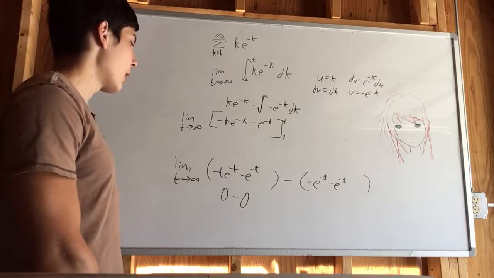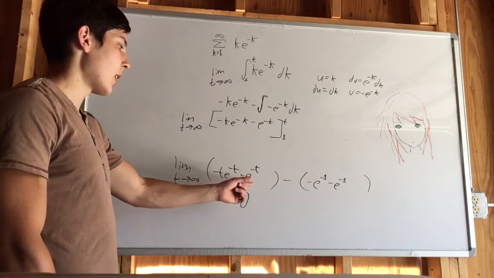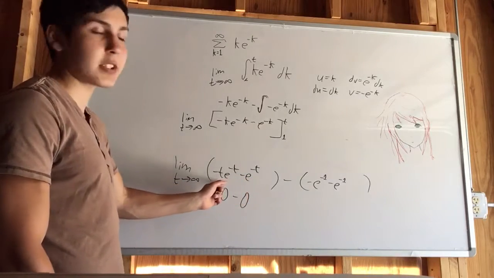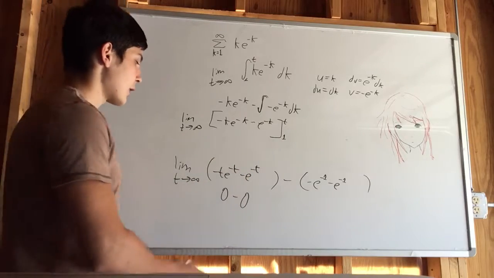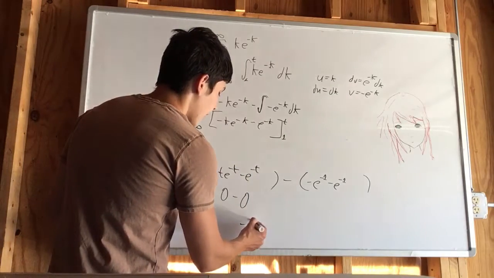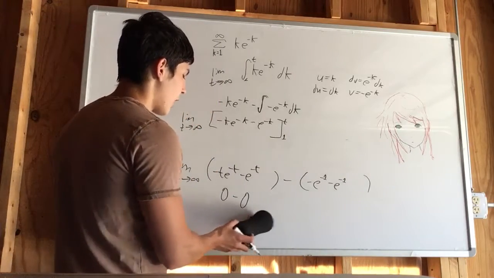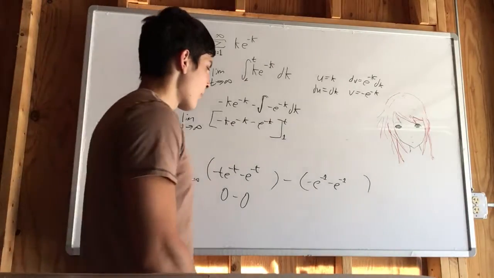Even more so, it's even more obvious in that case because we have just e, right? In the other one we actually had a variable into which we were plugging infinity. This one's just e, and so that's negative 1 over e to the t. So this is obviously going to 0. You have an infinite denominator.